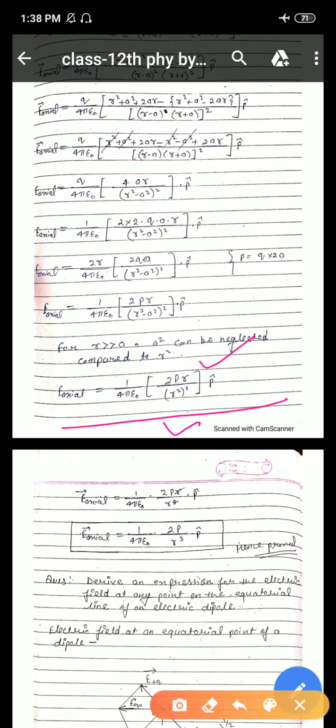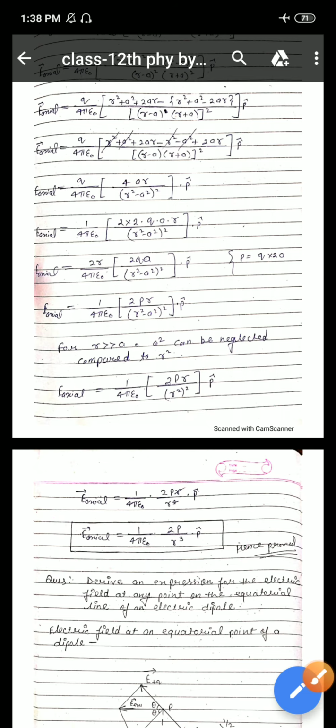Now r to the power 4 and 2pr, so one r and one r cancel out, so we conclude electric field on axial point is 1 upon 4 pi epsilon naught, 2p upon r cube into unit vector p. Is it clear? Here p is the dipole moment. Is it clear, student?